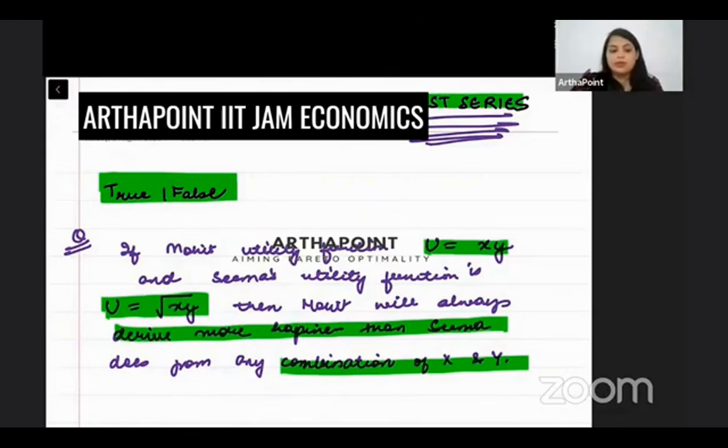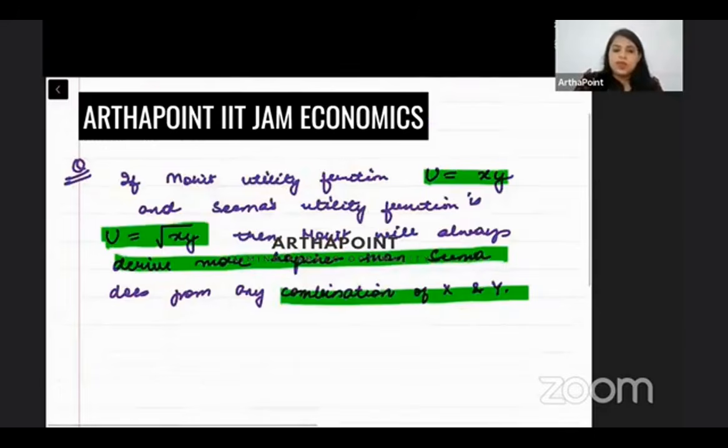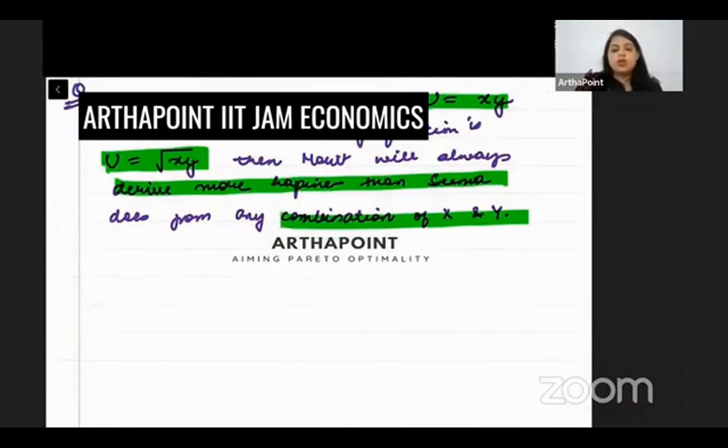Just try to think about it, please. So take a moment, think whether this statement is true or false. You can write your answers below and you can tell me whether this statement is true or false.